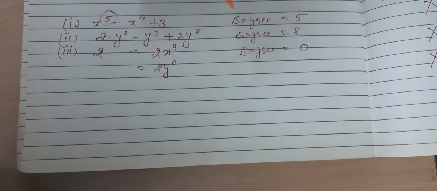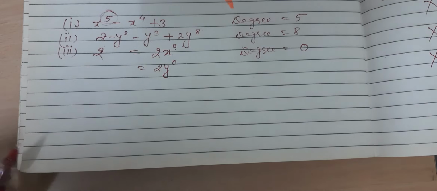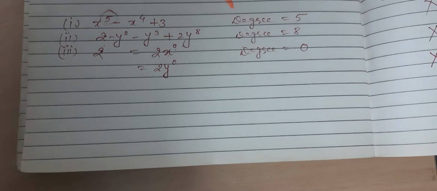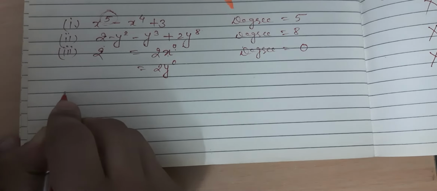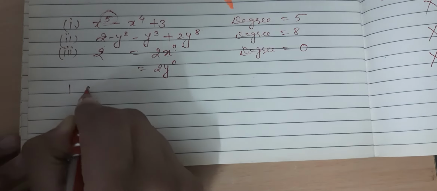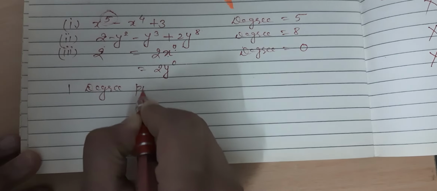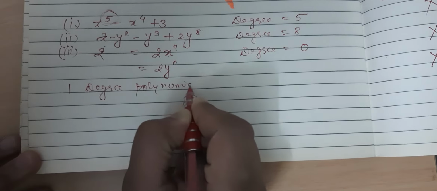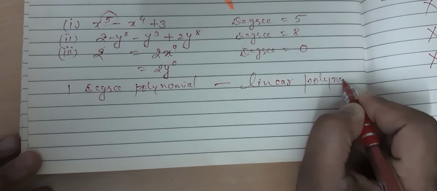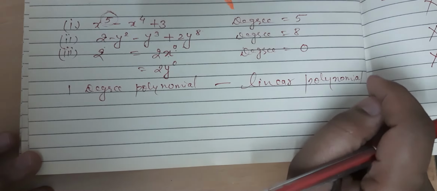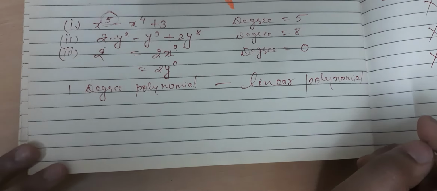So like on the basis of the number of terms, we have specific terminology for the polynomial. Similarly, on the basis of the degree or the highest power of the polynomial, we have specific terms for the polynomial. So a polynomial whose degree is 1 is called linear polynomial.